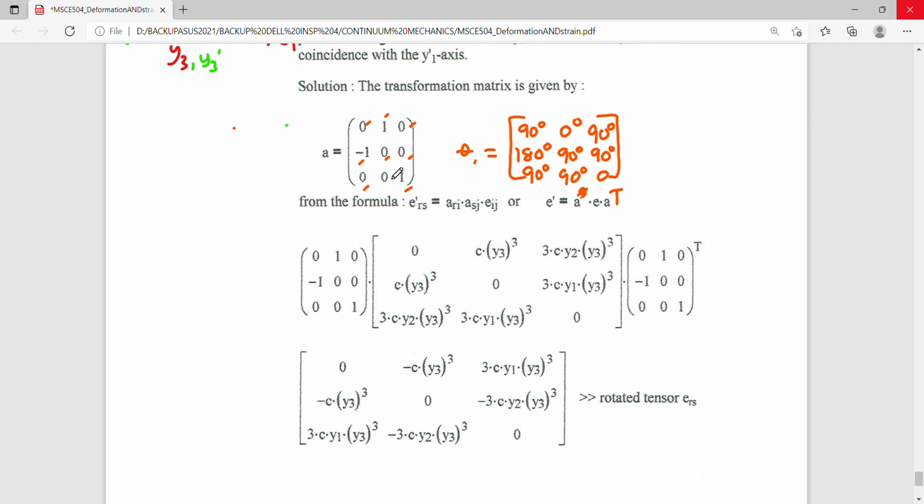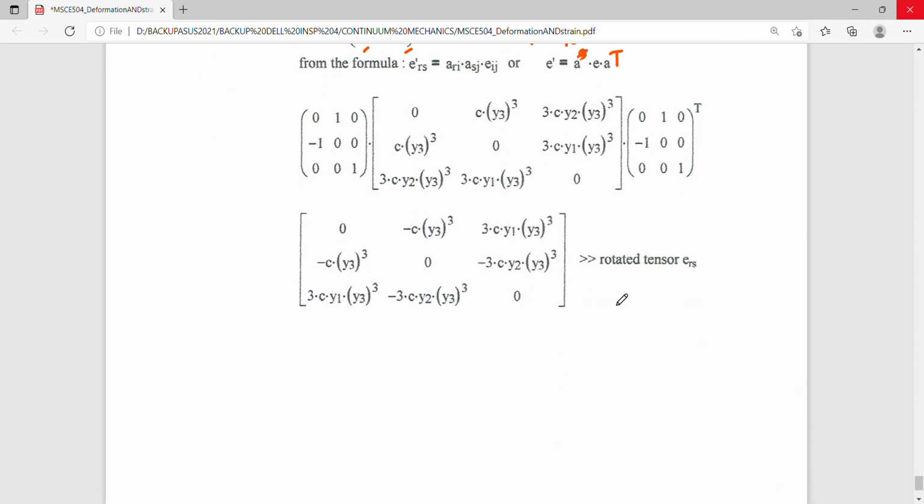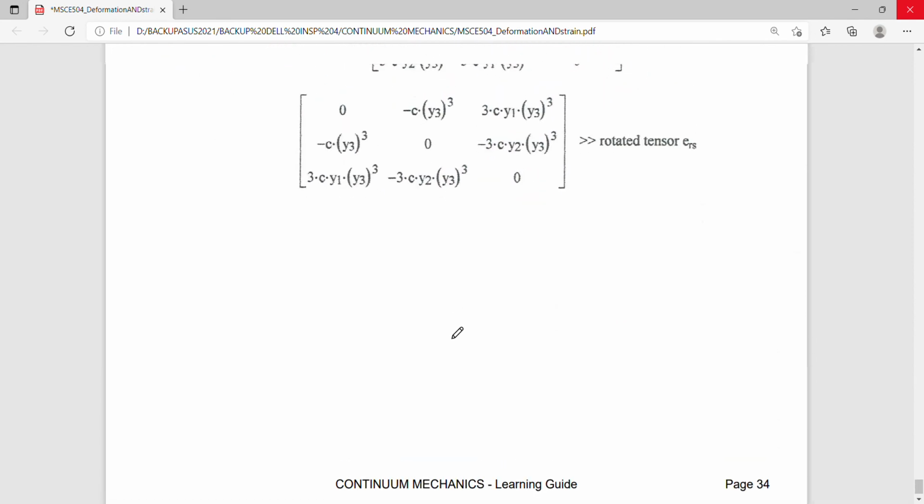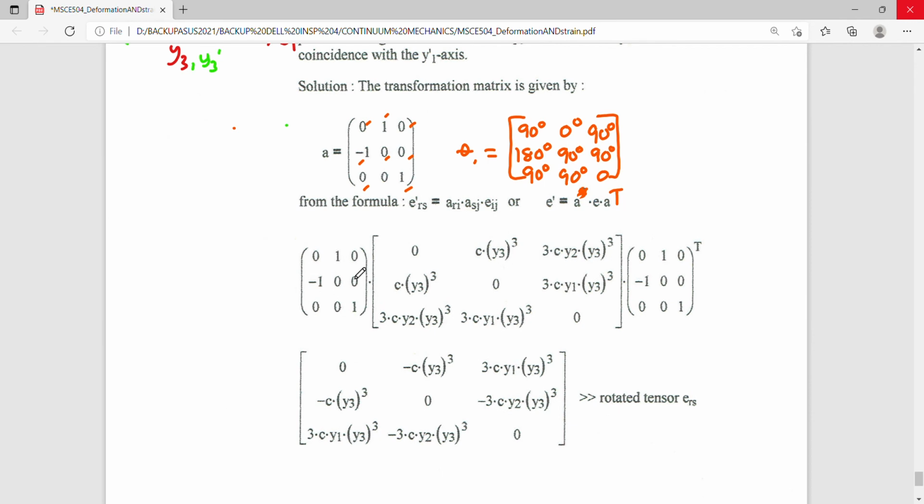This is your A here, E is this one, and A transpose is this one, and you get the rotated tensor. If you want to do it in MathCAD, you just write it as this and symbolically perform the matrix multiplication, and you will arrive at this answer.